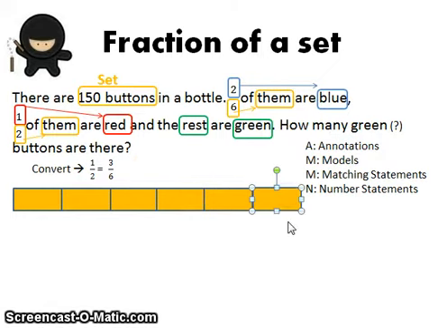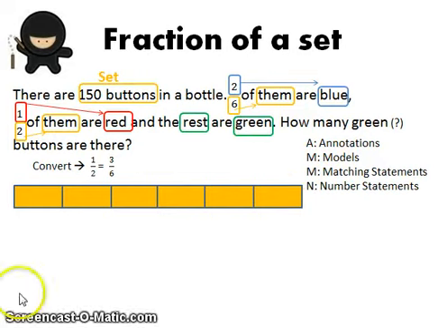Okay, there are 6 units in this model. Let me try to get it to fit well. Now we know that there are 6 units in the set, and let's take a look at the question.